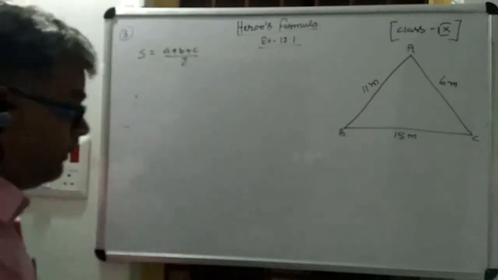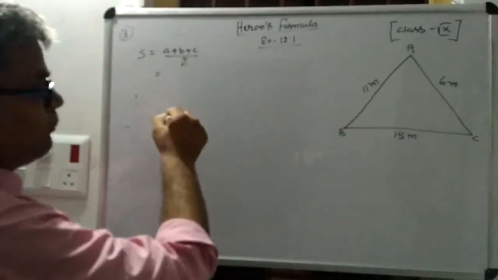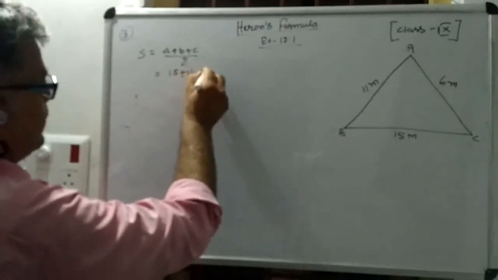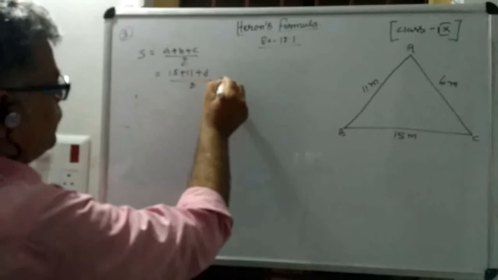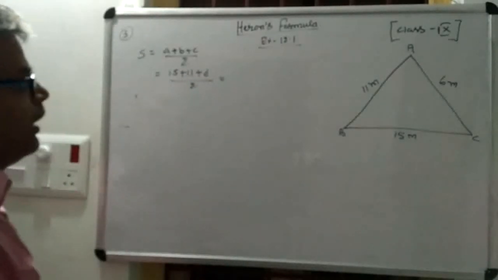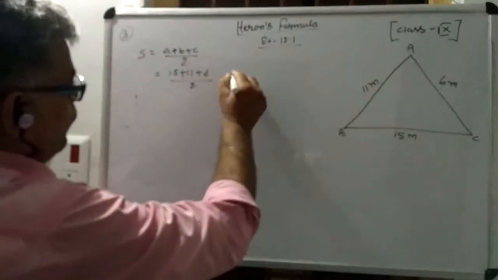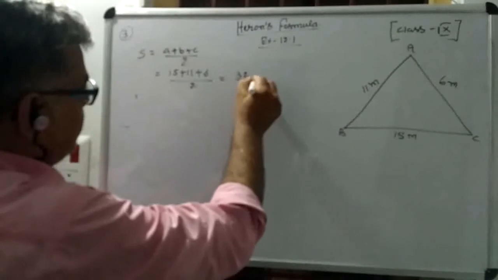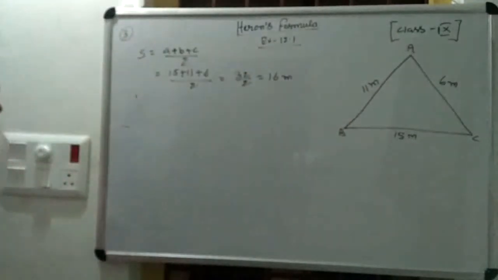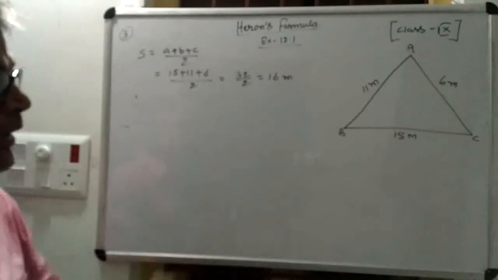You know the formula for the semi-perimeter. Now putting the values in this formula, we have 15 plus 11 plus 6 by 2, which will be equal to 15 plus 11 is 26 and 26 plus 6 is 32. 32 by 2, that is 16 meter is the semi-perimeter for this triangular region.